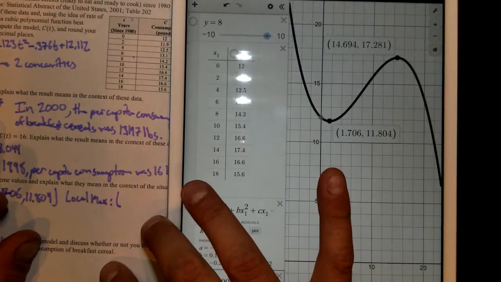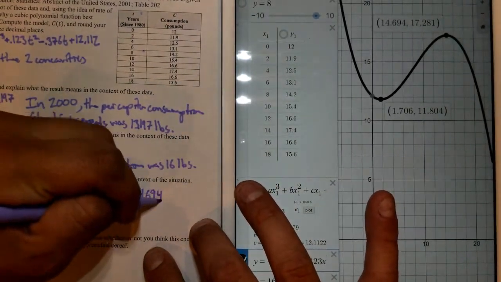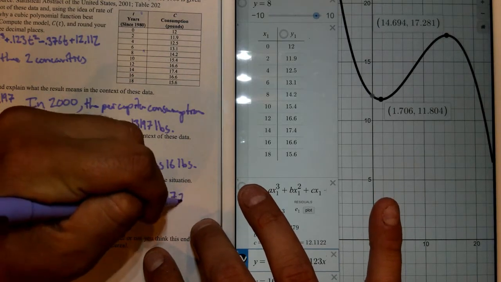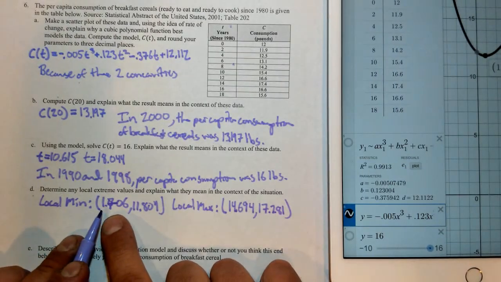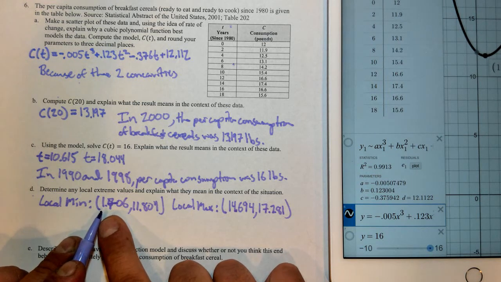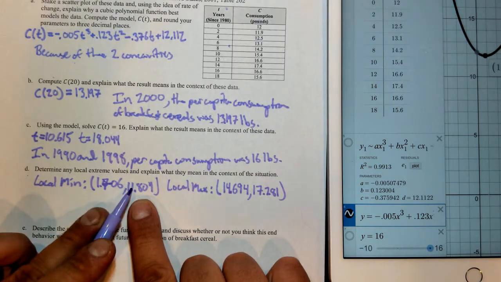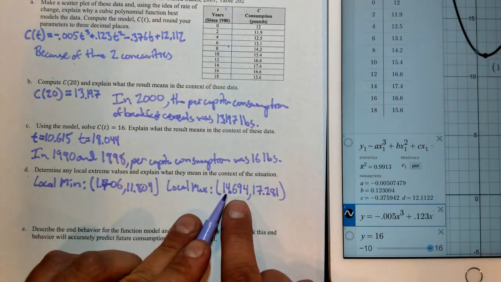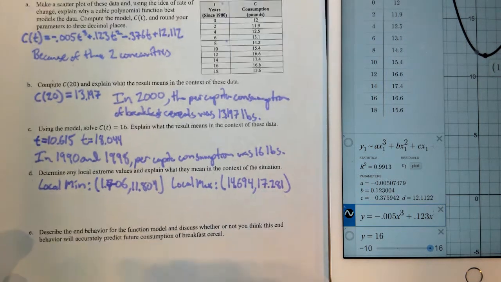That's going to be 14.694, comma 17.281. Okay. And what do they mean in the context of the situation? Well, about 1 year after 1980, the consumption of cereal hit a low point, and then about 14 years after 1980, so in 1994, the consumption of cereal hit a high point per capita.